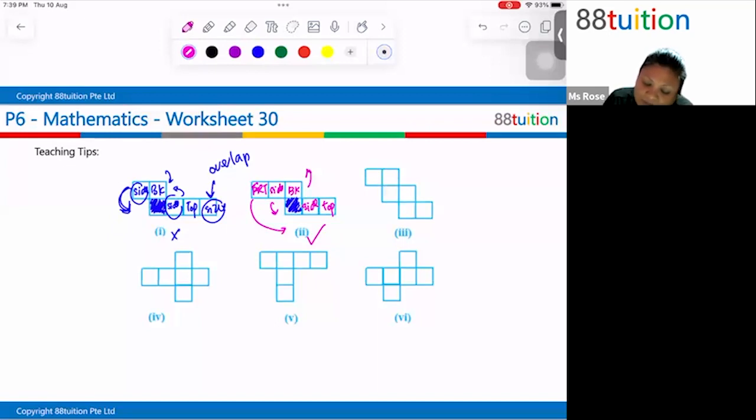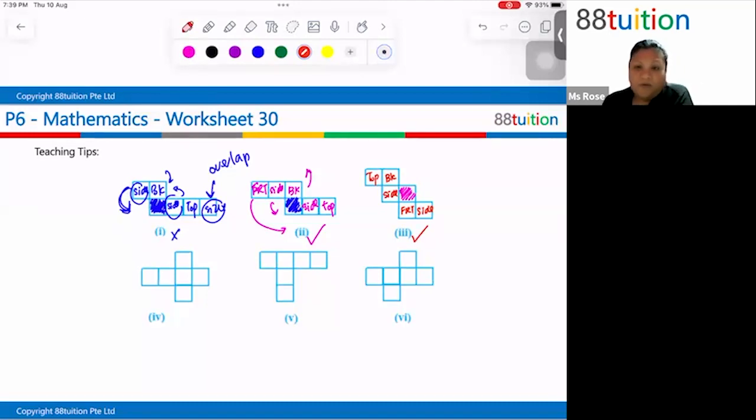If I were to make this as the base, what do I have? Side, back, the net of a cube.